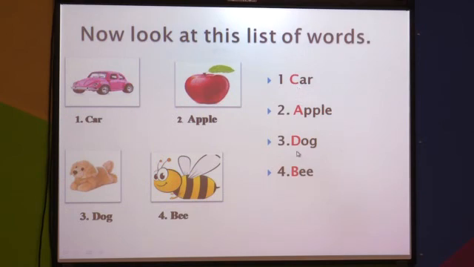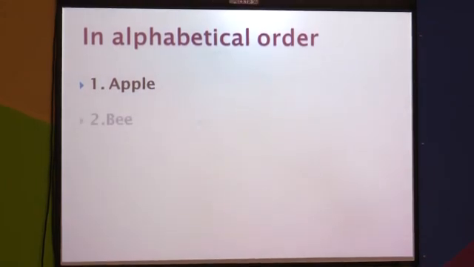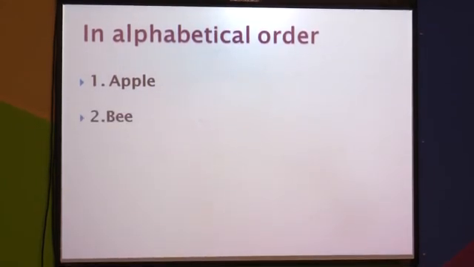So if we arrange these words in alphabetical order, first will come apple, then bee, then car and last dog.